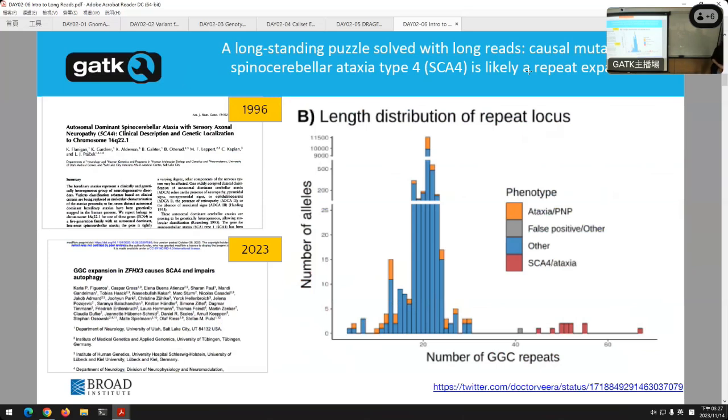It turns out that 16q22.1 is a very repetitive region of the genome. It is very GC rich. It contains segmental duplications, so portions of the reference genome that have been duplicated. It contains pseudogenes, so it's not a very unique sequence of DNA.